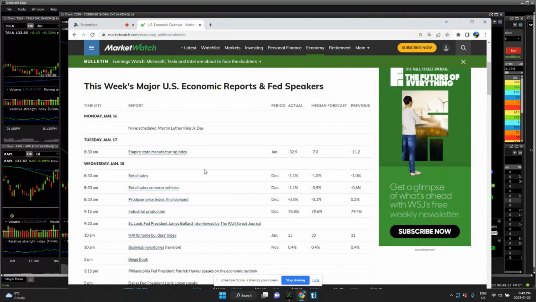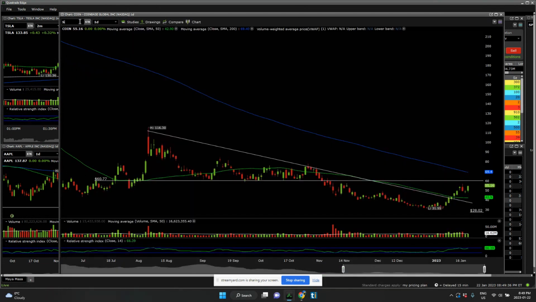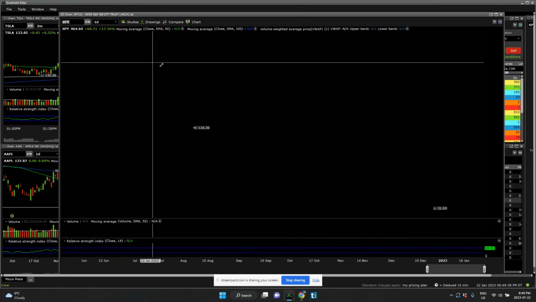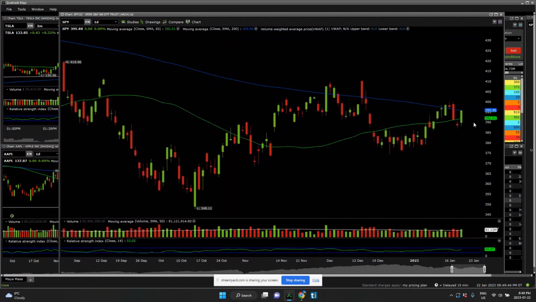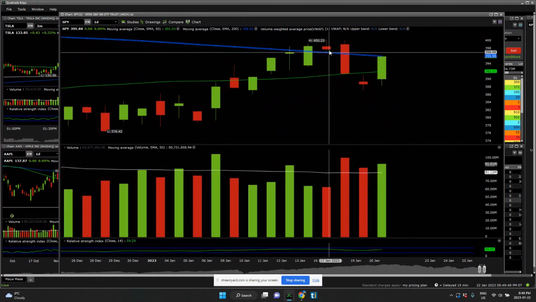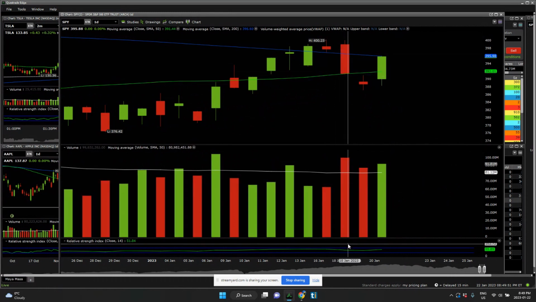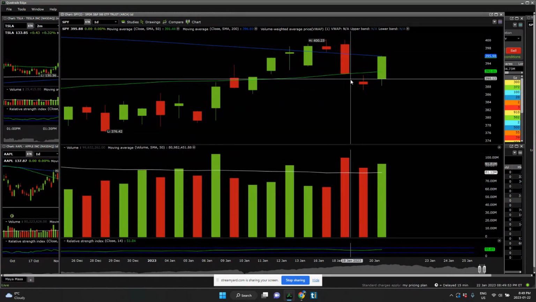Anyways, let's remind everyone the retail sales report last week sold off the market. Wednesday, the market sold off. That was a big move. It went from 400 all the way back down. It was this big red candle here, and it had a lot of volume, a lot of selling pressure on the move.